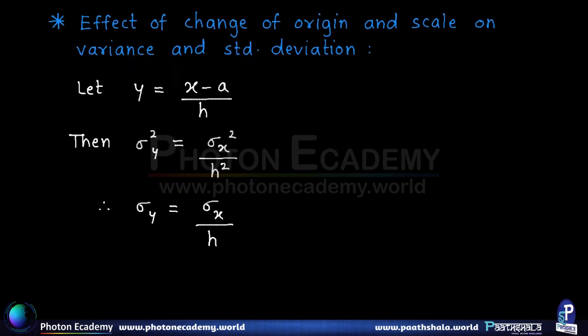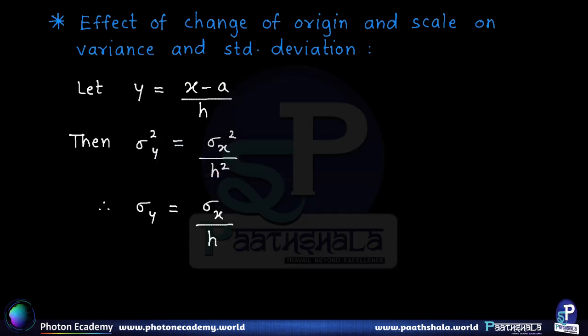Let us consider that we define a new variable y from the old variable x by change of origin and scale. So when we say that y is x minus a whole upon h, then sigma y the whole square, which is nothing but the variance, because sigma is the square root of variance, hence variance will be the square of sigma.